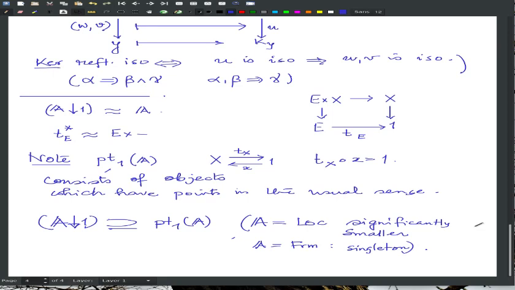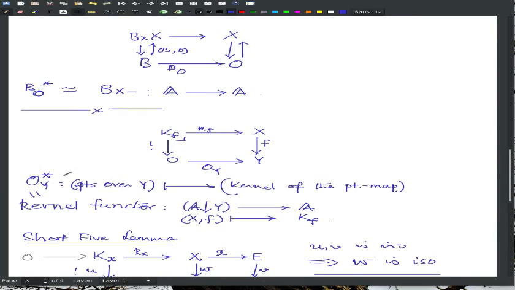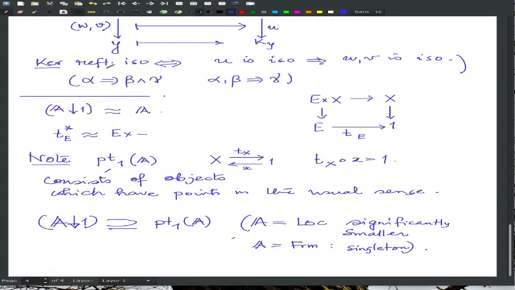So looking into points of A, what I'm trying to say is this functor, the kernel functor, could be successfully restricted to points. Okay? But the same thing which was here or here, it is not quite possible always to restrict it to points.